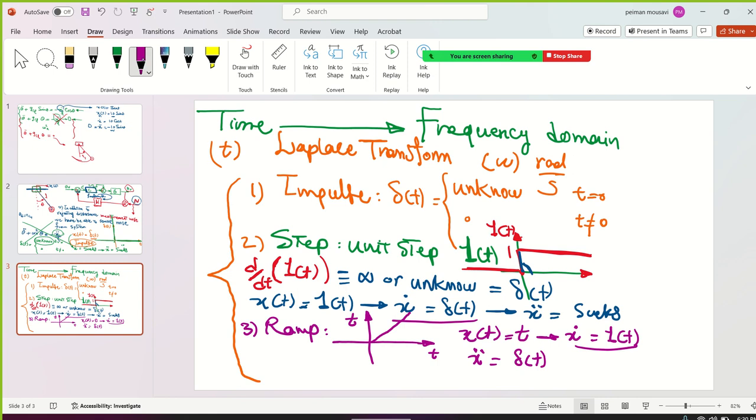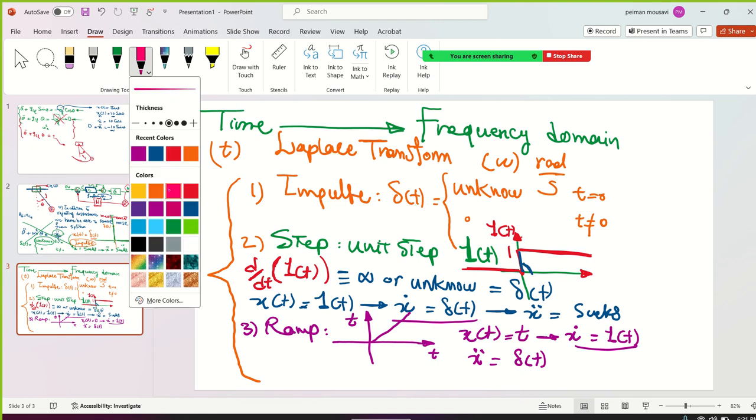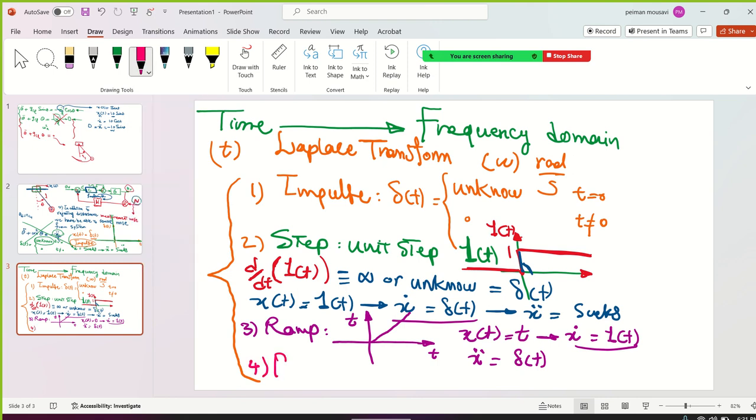The fourth input that we're going to consider in this course is the parabolic input to the system. Parabolic means your input to the system is t squared over 2. Even if you select this, your x double dot becomes a unit step, a discontinuous function.